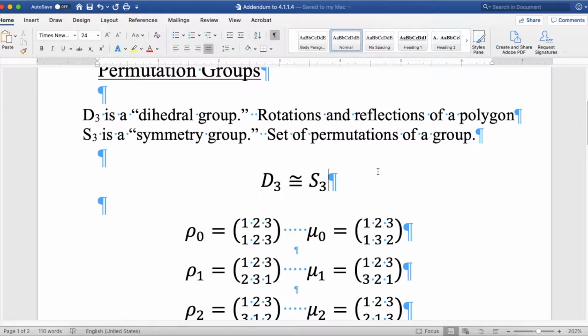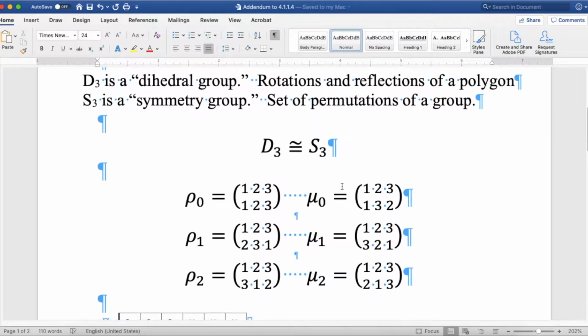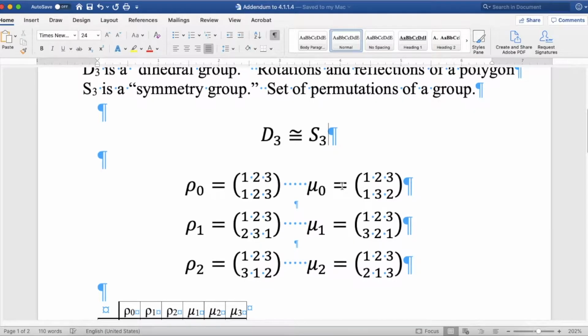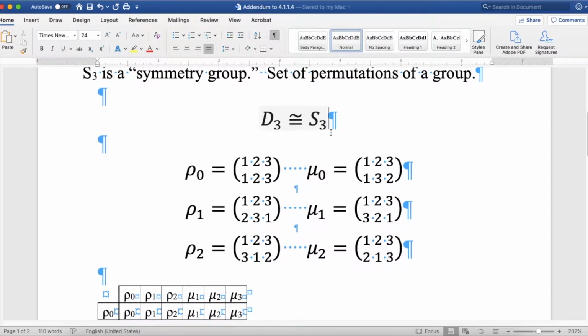It basically means that the two structures, their structure is the same. So it's not just a set has similar elements, but also whatever structure's been imposed are equivalent for the two. So D3 is just another way of describing S3. We'll look at isomorphisms more at some point. So in S3, we have, these are the 6 elements.